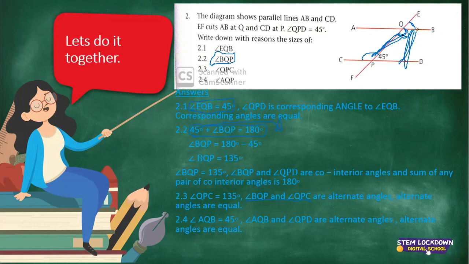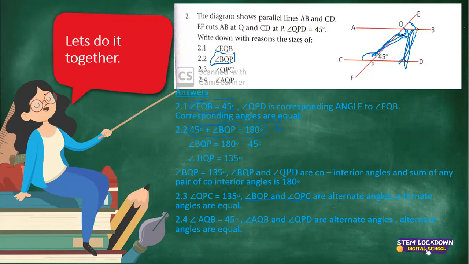So let's move to number 2.4. For number 2.4, we must find the size of angle AQB. So what is the size of angle AQB?